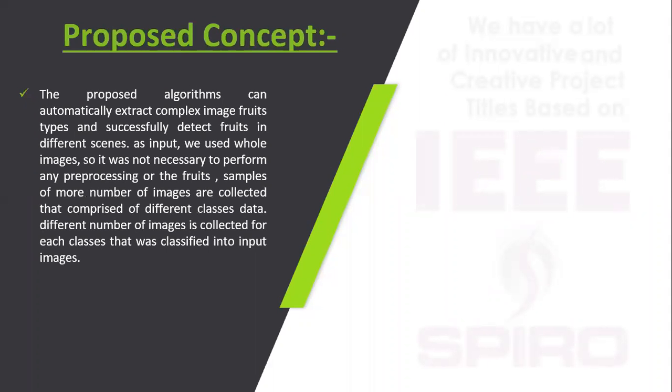Proposed system: we are going to collect the image data set of different types of fruits. After collecting the image data set, we are going to train a deep learning network, using a CNN, which means convolutional neural network.